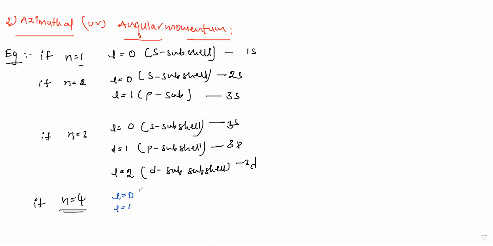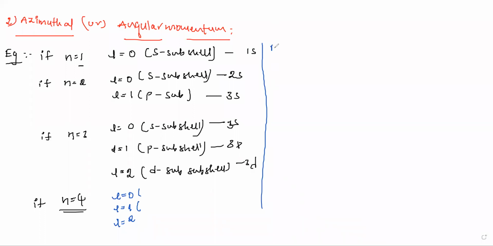L is equal to 1, p subshell, 4p. L is equal to 2, d subshell, 4d. L is equal to 3, f subshell, 4f. Okay, good. So everyone understood this one. You have to write this if n is equal to 4.